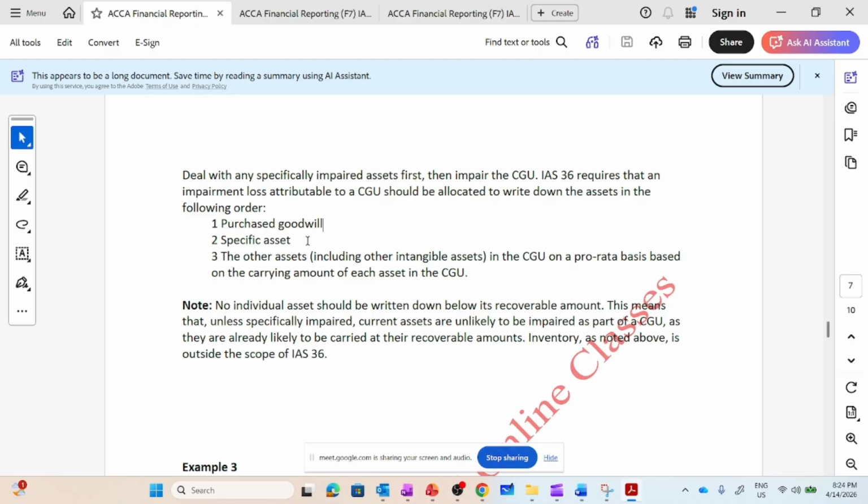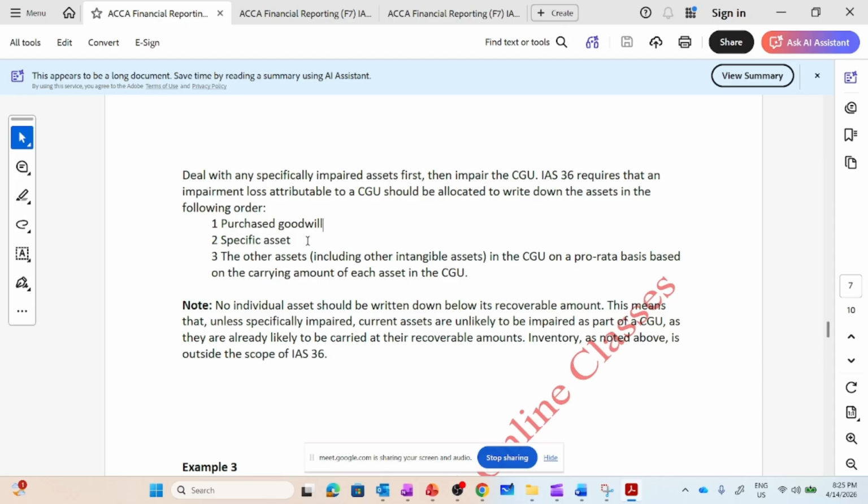So now note, very important. We have specific types of assets where, by default, the value that will be given is the recoverable value. So we are not going to charge any impairment for these categories of assets. No individual asset should be written down below its recoverable value. Also, the concept of impairment is not for us to write down the value of the asset below the recoverable value.